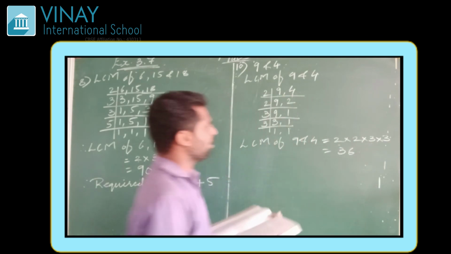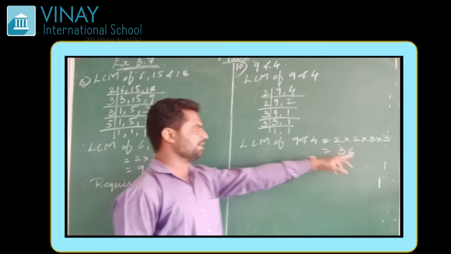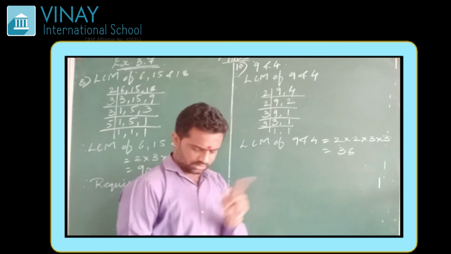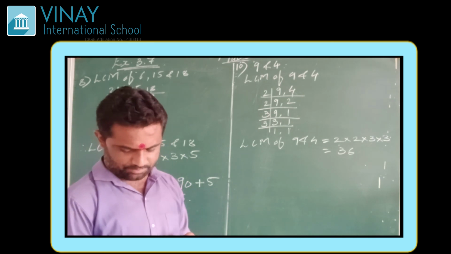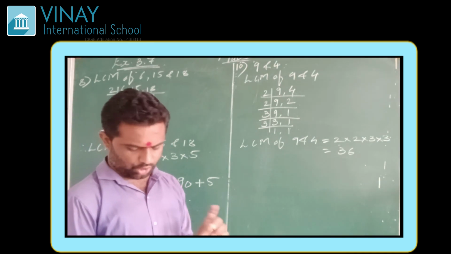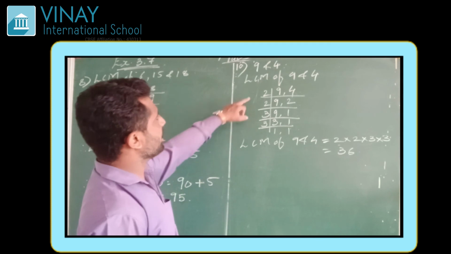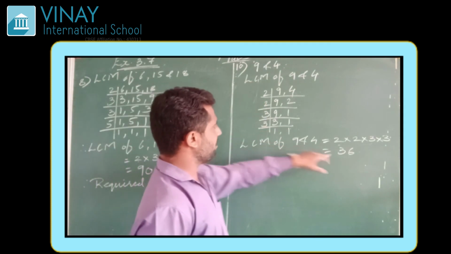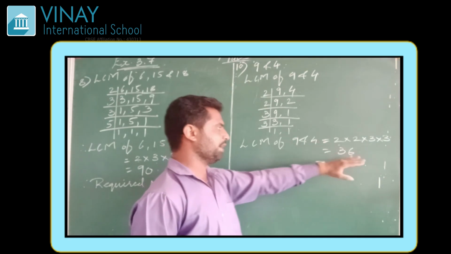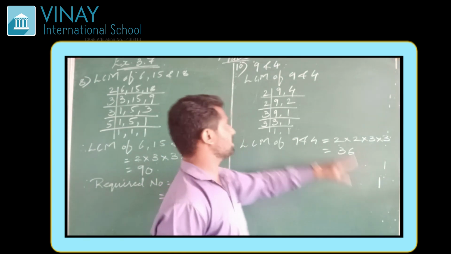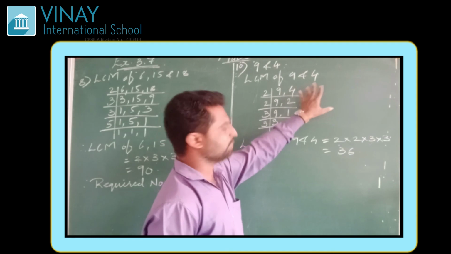So the LCM of 9 and 4 is 36. Now the second question here is, observe a common property in the obtained LCM. Each LCM is the product of the two numbers in each case. Here the LCM is 36, and the product of the two numbers, 9 into 4, is also 36. So yes, here it is the product of the two numbers.